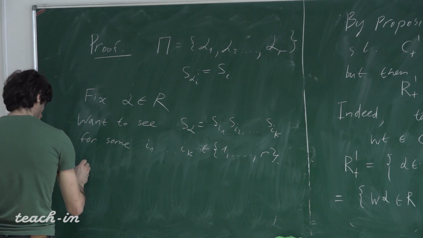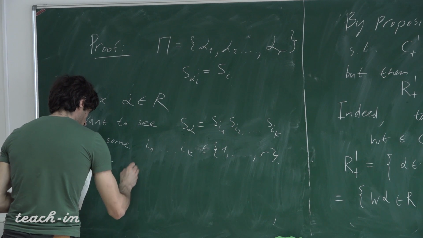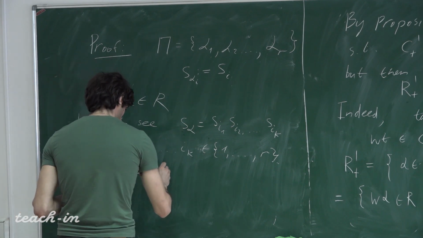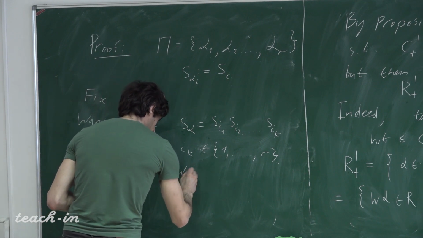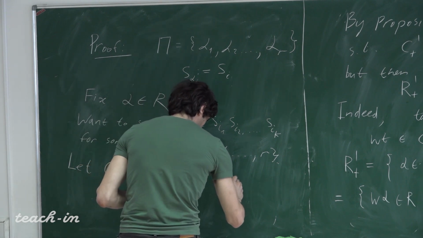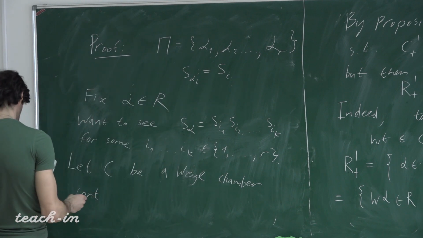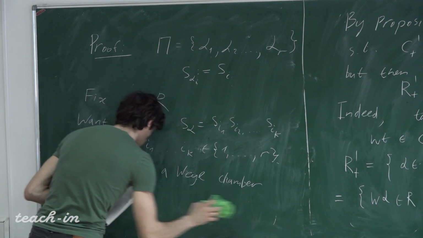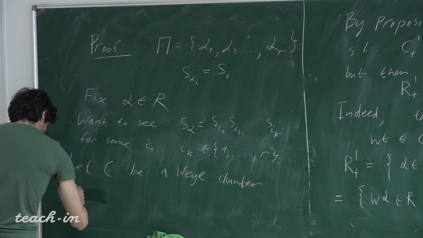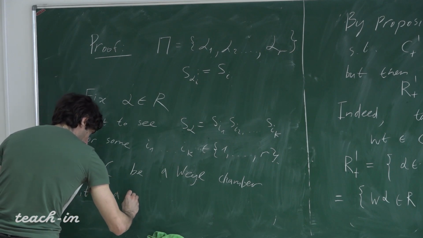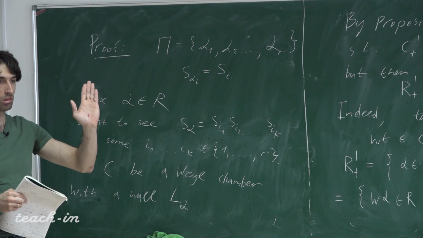So let me take C to be a Weyl chamber with a wall L_alpha. Each L_alpha is a wall of some Weyl chamber.